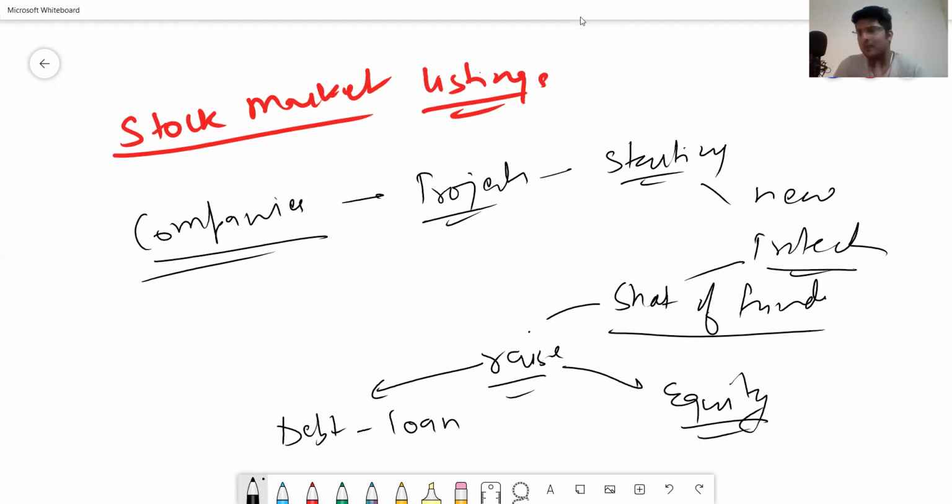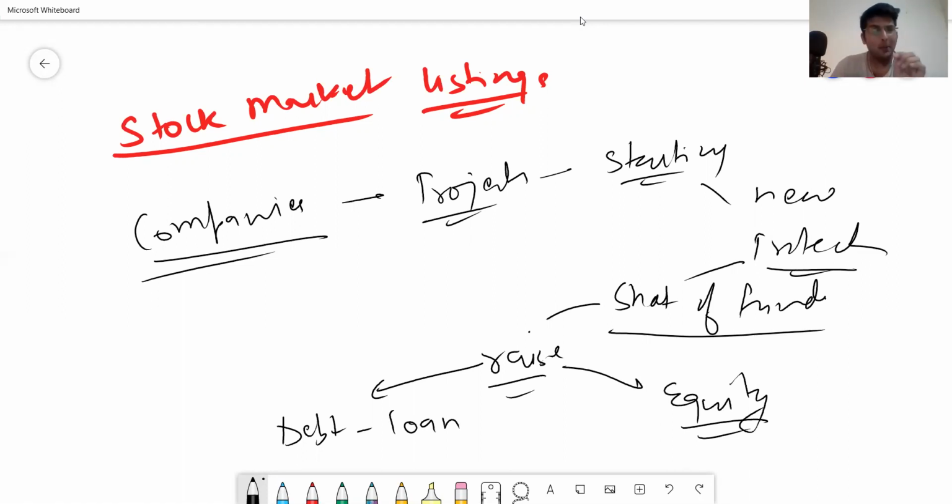At this point of time, I believe everyone and each one of you knows what is debt or loan. In simple terms, debt or loan is you take money from the bank or any institution and you tell them, okay, we are providing you interest payments every single year, and by the end of the tenure, that we have signed on the contract, we'll be providing you with the principal back.